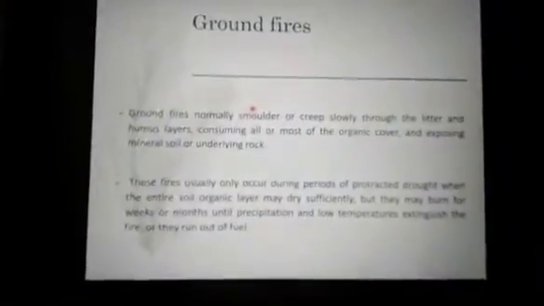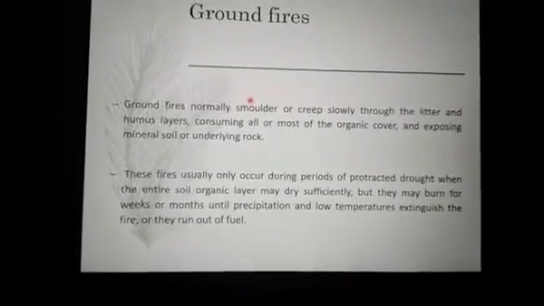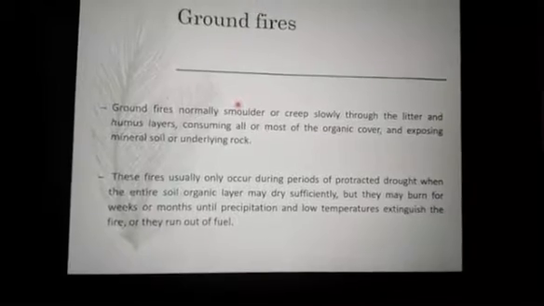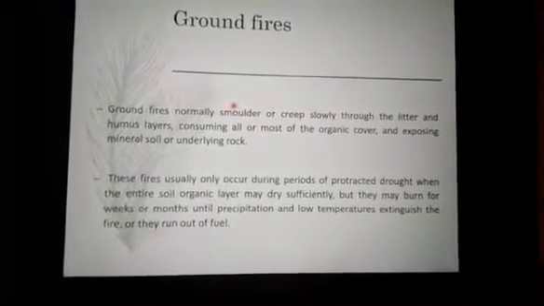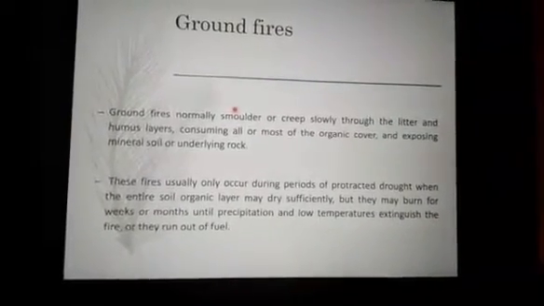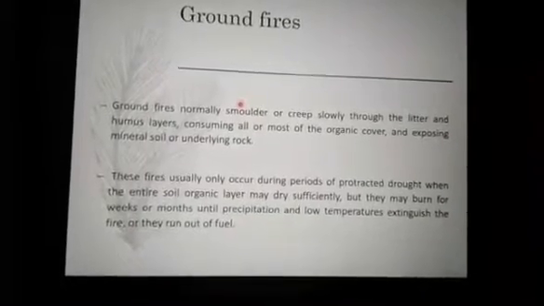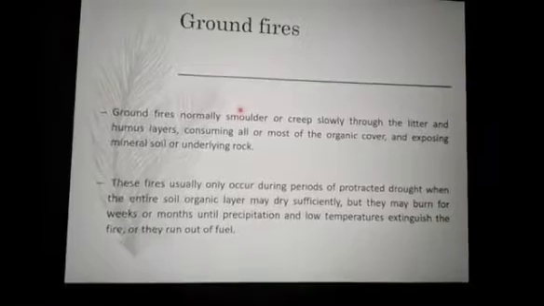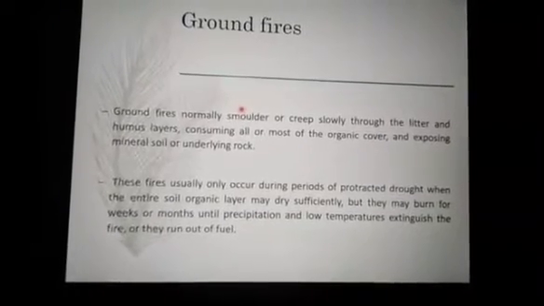And then we have the ground fires. Ground fires normally smolder and creep slowly through the litter and humus layer, which means they consume all or most of the organic cover, exposing mineral soil and underlying rocks.